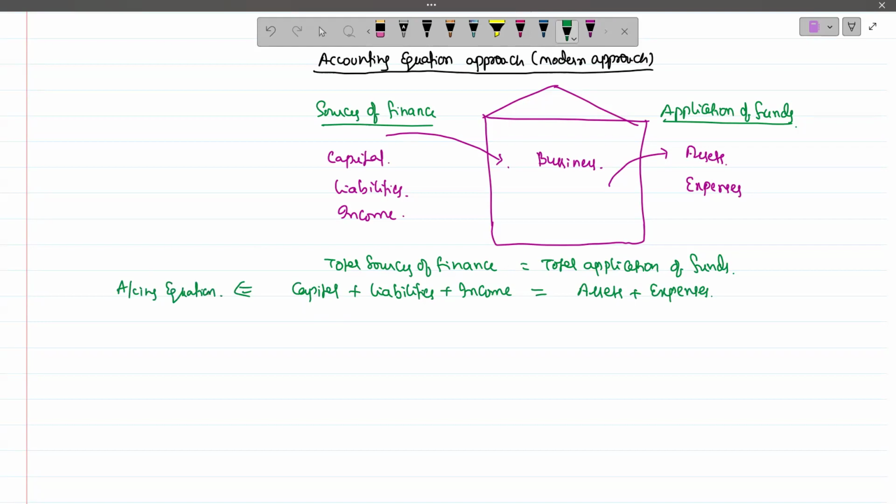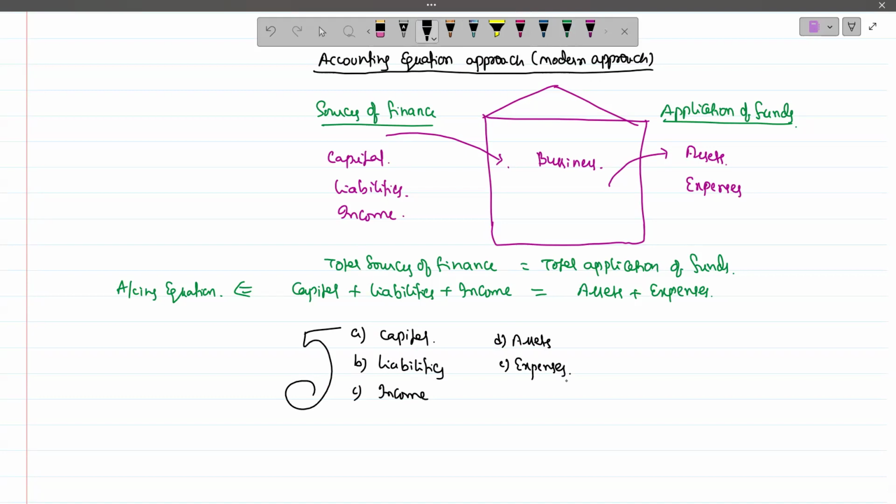Accounting equation. So as per the accounting equation, all accounts are classified into five types: capital, liabilities, income, assets, and expenses.